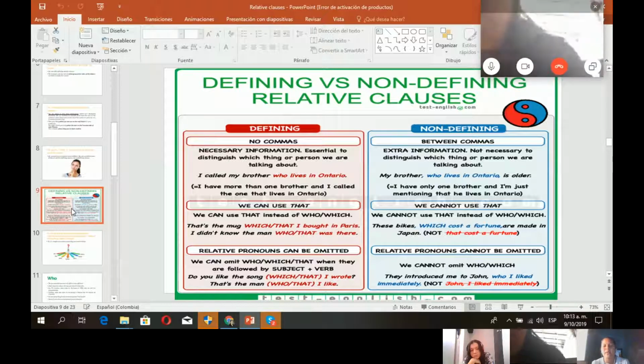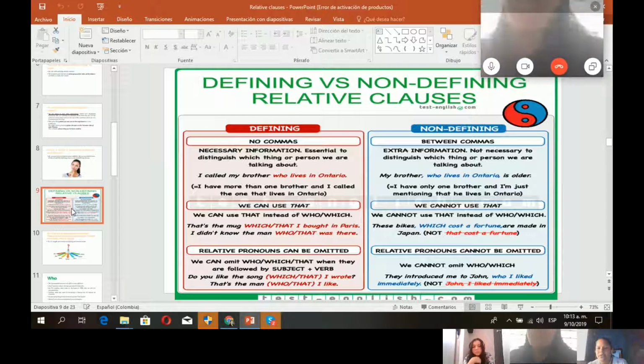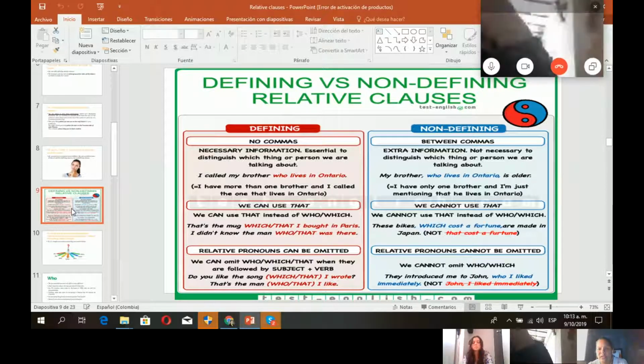I called my brother who lives in Ontario. It's not necessary to write a comma. But in the next column, in non-defining clauses, you write extra information. My brother, who lives in Ontario, is older. This is the extra information, and it's necessary to write a comma at the beginning and at the end of the clause.